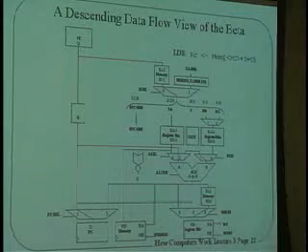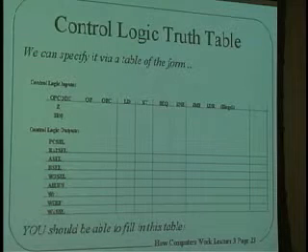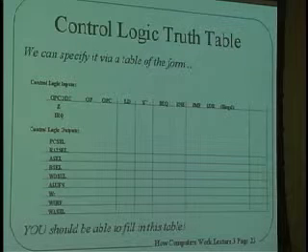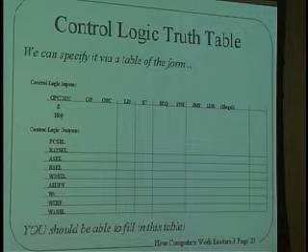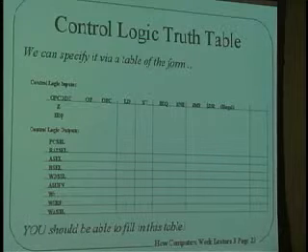And actually, even after this class is done, you should be able to fill in a table like this to figure out just exactly how it should be set up. And we're going to talk about that and how to implement a table which will then show you completely how the system works.